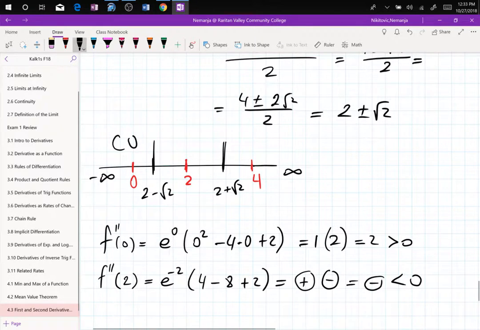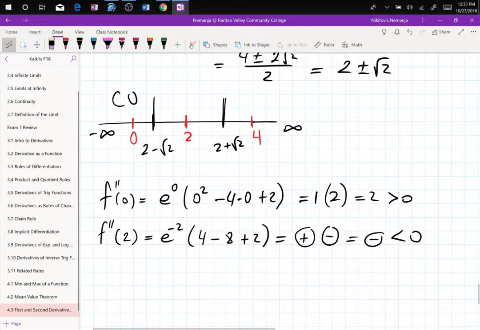Look at my calculation for 2. E to the negative 2 is 1 over e squared. That's a positive number. The parenthesis is negative 2. That's negative. Positive times negative is negative. I don't care what these values are. I just care if they're positive or negative.